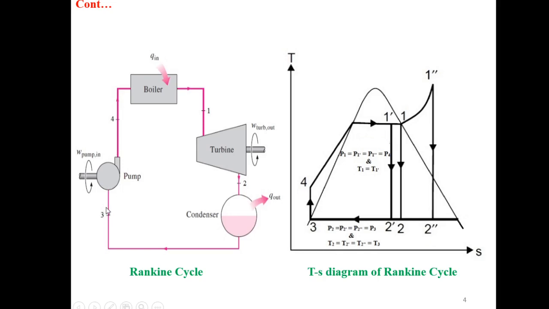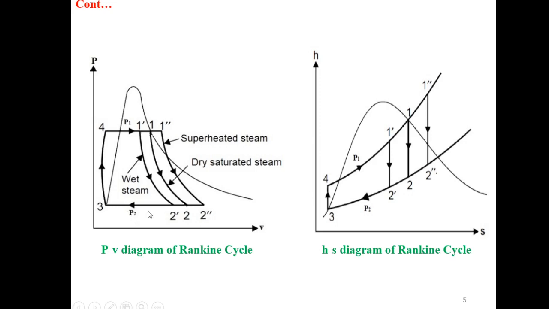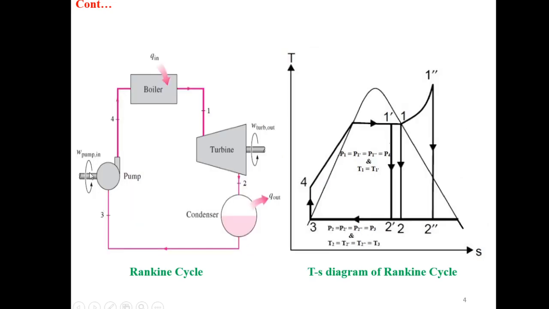So there is an isentropic compression of this saturated liquid from 3 to 4. So this line will be a vertical line 3-4, and in this, line 3-4 is this one isentropic process, and in HS diagram again we will get the vertical line 3-4. You can see we are having only W in. W out is equal to 0, Q in is equal to 0 and Q out equal to 0.